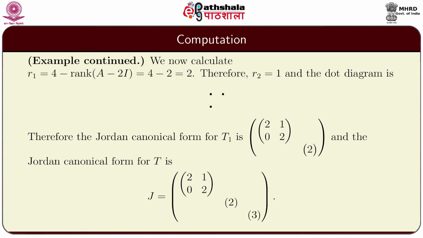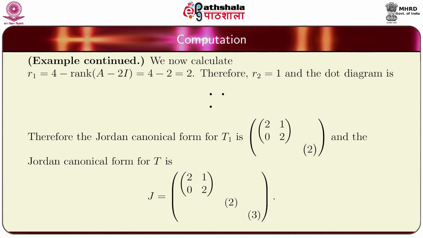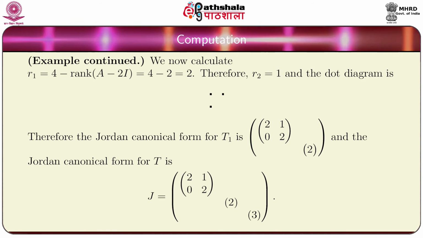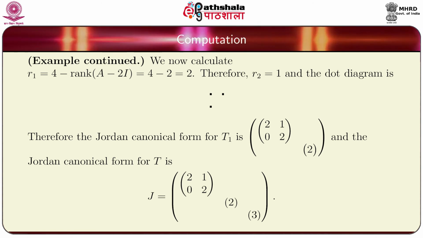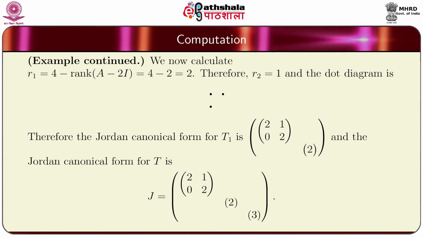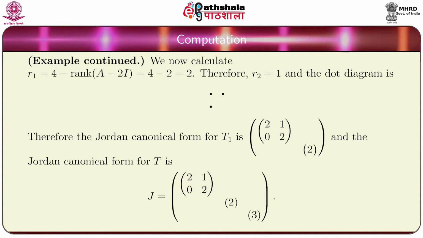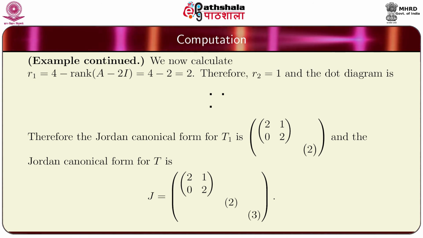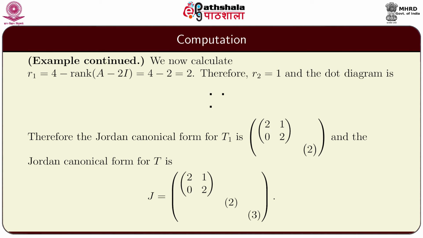Therefore, the dot diagram would be the one with 2 columns, where the first column has 2 rows and the second column has only 1 row. That is because R1 is 2 and R2 is 1.